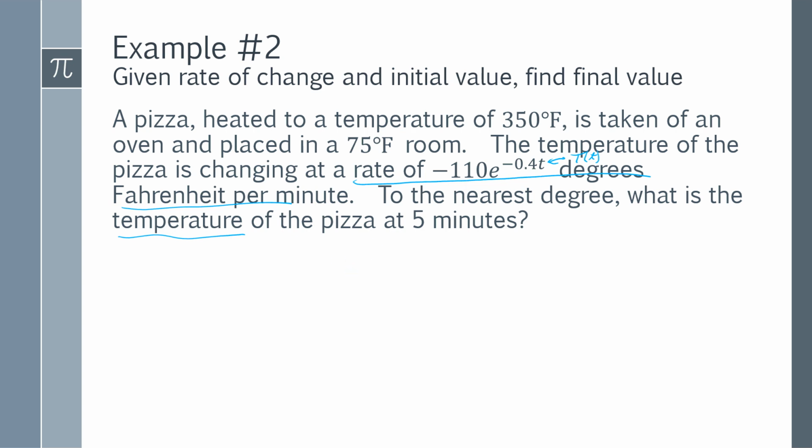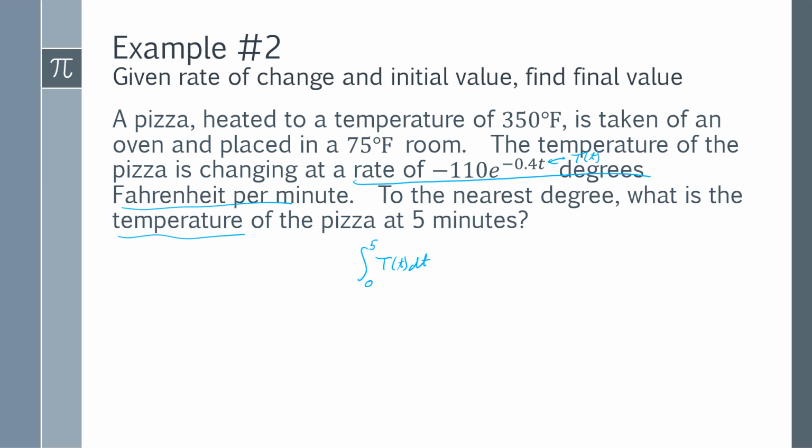Because I've named it, I can use that in my integral instead of rewriting it. So I want to accumulate the rate. My bounds: it doesn't start cooling off until it's taken out of the oven. So as soon as I take it out of the oven, the time is 0, and I'm told 5 minutes, so up until 5.